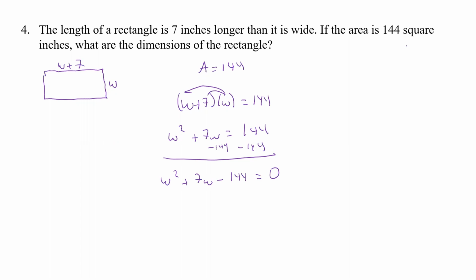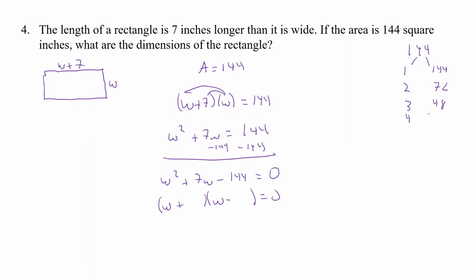All right, so with 144, we have to go through the list. So we have 1 and 144, okay? Then 2 and 72. Now again, what we're looking for are W and W and plus and minus. So the larger minus the smaller. So those don't subtract. 3 and 48, that doesn't work.